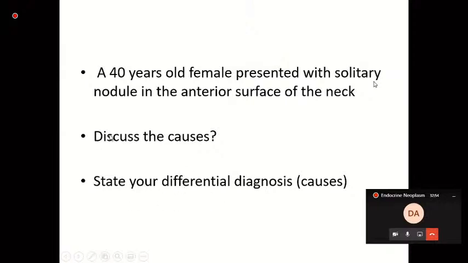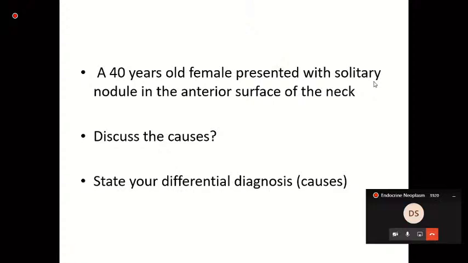If the patient comes at this age with an anterior neck nodule, what do you think this nodule is due to? Solitary means a single nodule. Thyroid adenoma. Yes, very good.